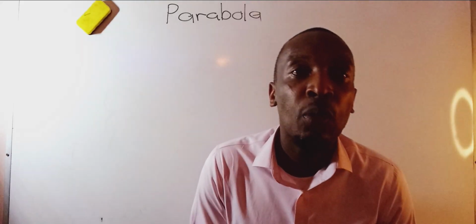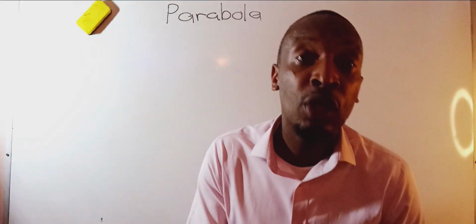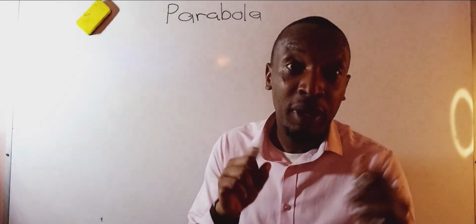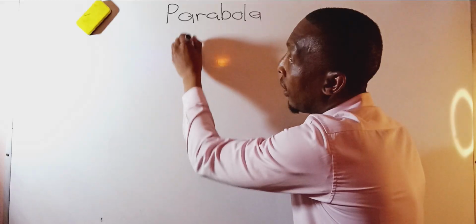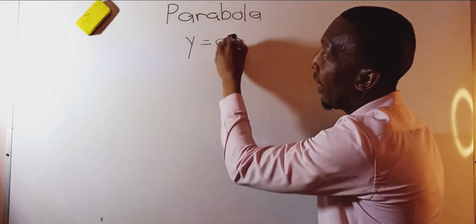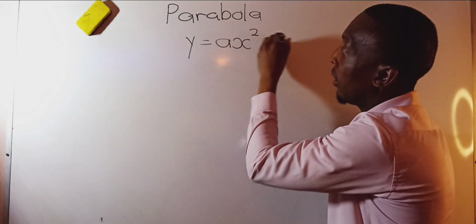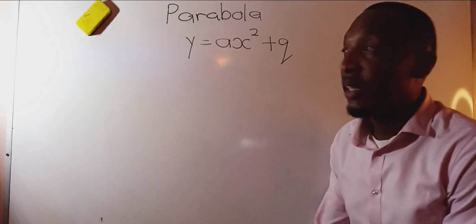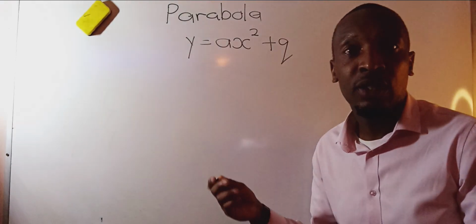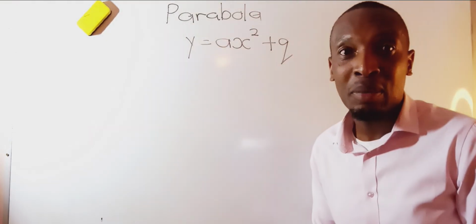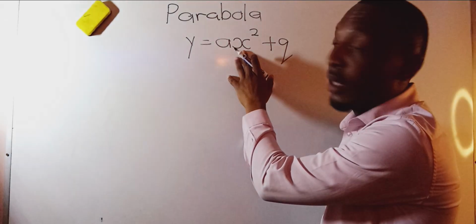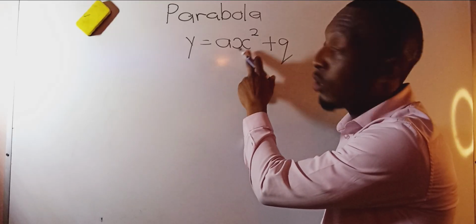You should know that the general equation of a parabola will be something like y = ax² + q. The a and the q are just letters, so different textbooks can use different variables. It really doesn't matter, as long as you have that x squared.